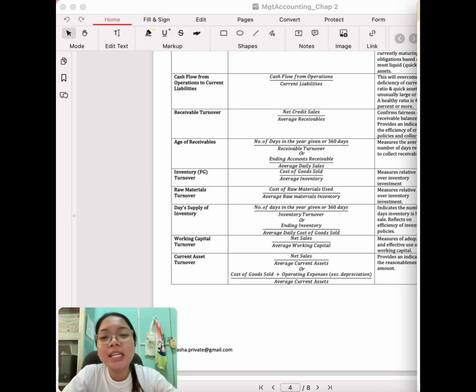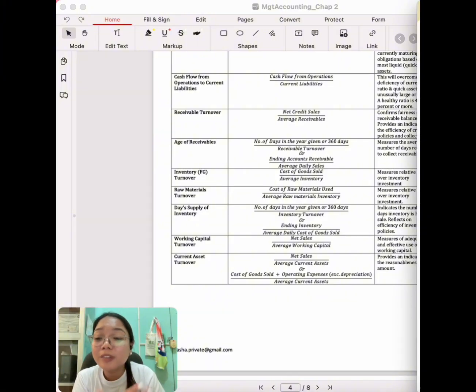Next, we have current asset turnover. So, ang formula dyan is net sales divided by average current assets. So, this provides an indication of whether the amount invested in current assets is reasonable relative to the company's sales activity. So, in simple terms, gaano ba ka-efficient yung current assets ng isang company sa paggamit nila to generate sales.